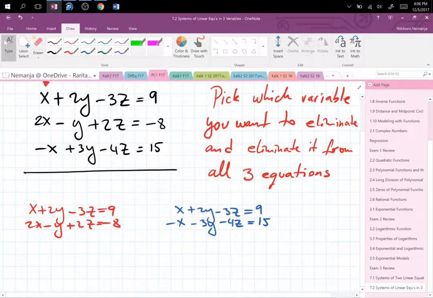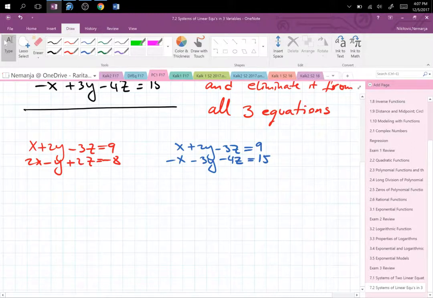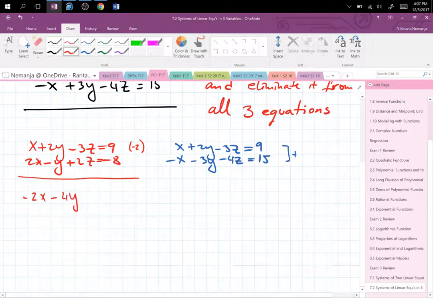And now, all you need to do is eliminate x in both of these sets. Clearly, you need to multiply by -2 to eliminate the red x's. And you just need to add on the blue side, because the x's are immediately gone as soon as you add these values. So I have -2x, -4y, positive 6z equals -18.